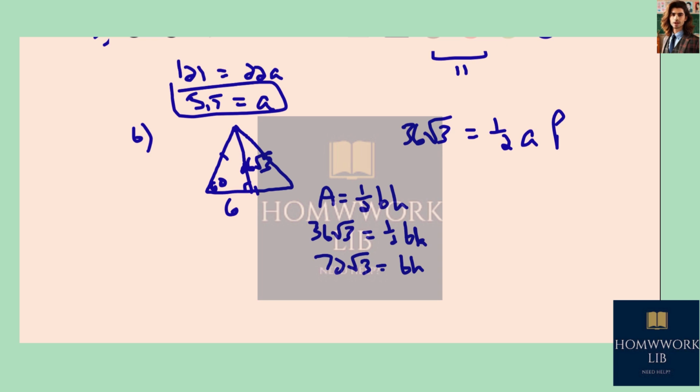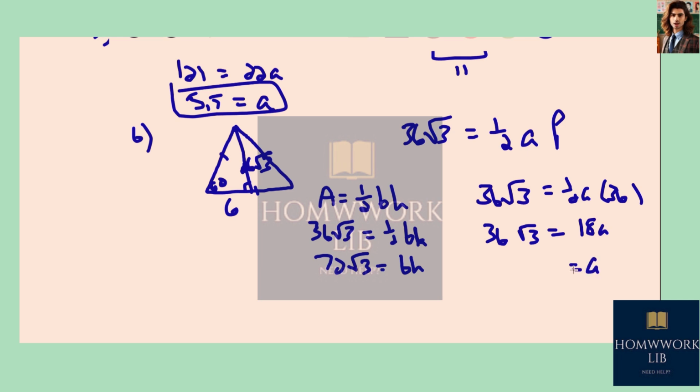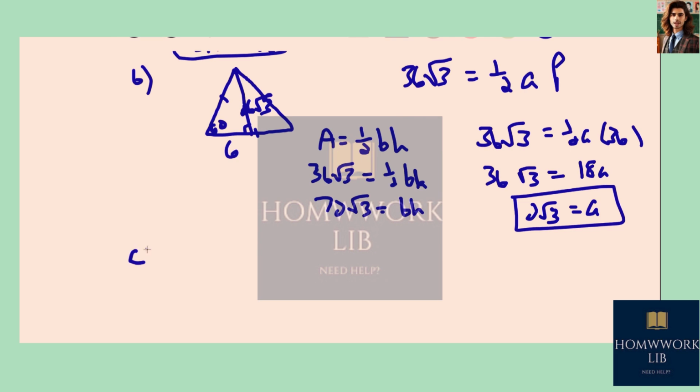So basically the perimeter is going to be 12 times 3, or 36. And so 36 square root 3 equals 18a. Divide by 18, and you'll get 2 square root 3 for the apothem. Goodness, that was a good one.